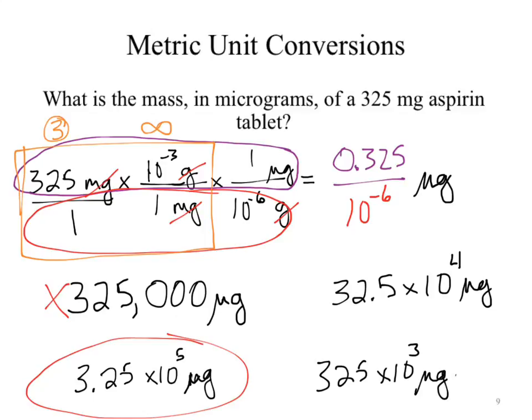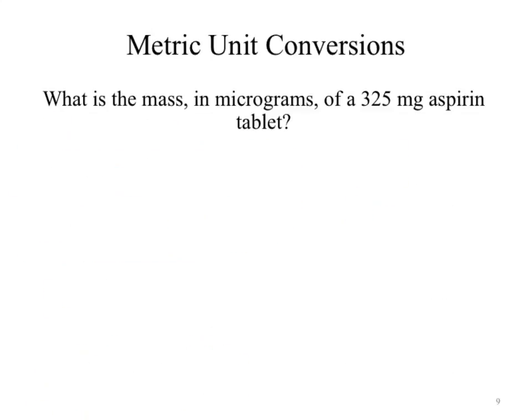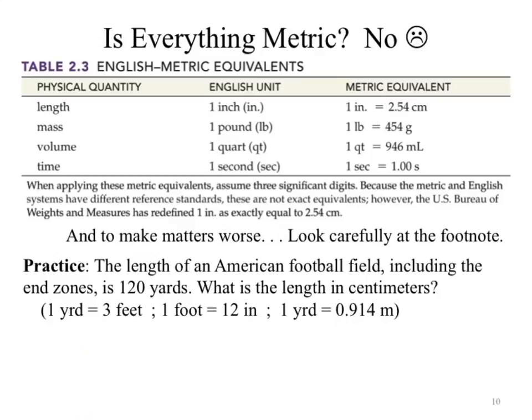Because now what we're going to do is make it more difficult. Is everything metric? So the thing with metric that was nice is all we're doing is shifting placeholders. Okay? It makes things simple. We can tend to be able to deal with multiples of 10 relatively quickly and easily. What happens, though, if we happen to be in America and want to use metric units?